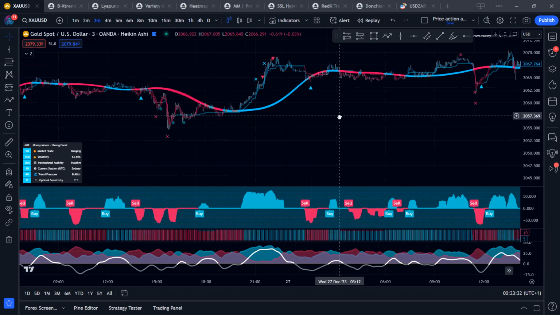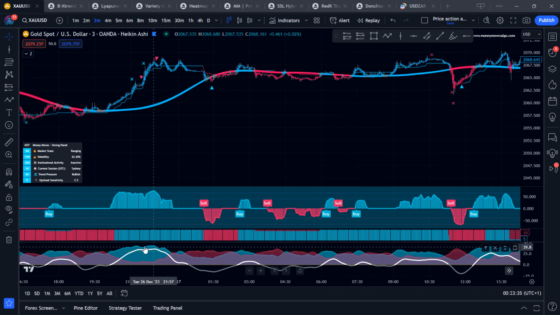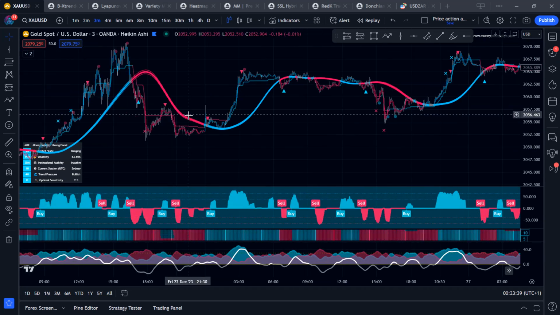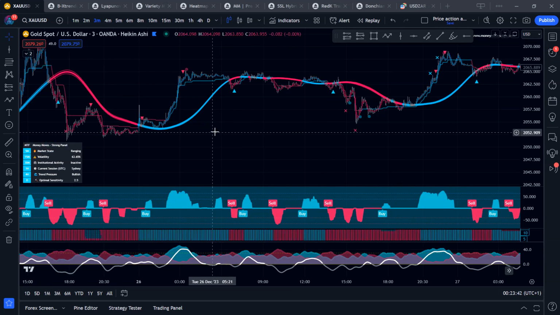Same thing here. You can also use the volume here to spot pullbacks. Let me find an example of a really good one.